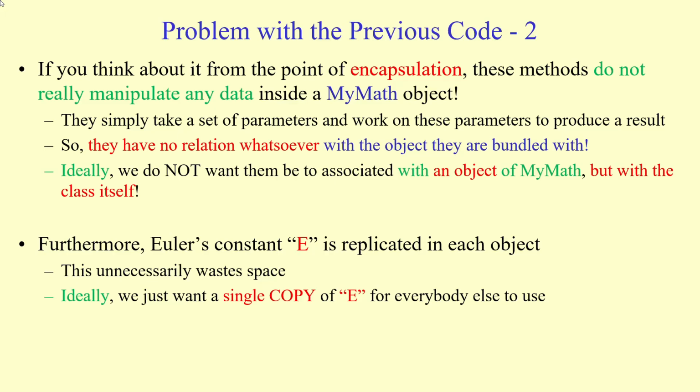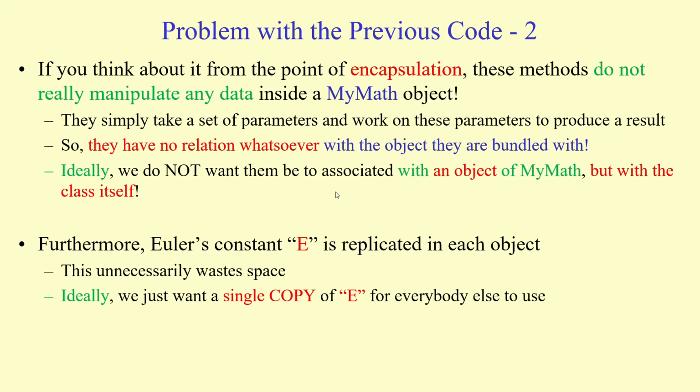Ideally, we do not want them to be associated with an object of myMath, but with the class itself. The same applies to the Euler's constant e, which is right now replicated with each instance of the class, which is unnecessarily wasting space.